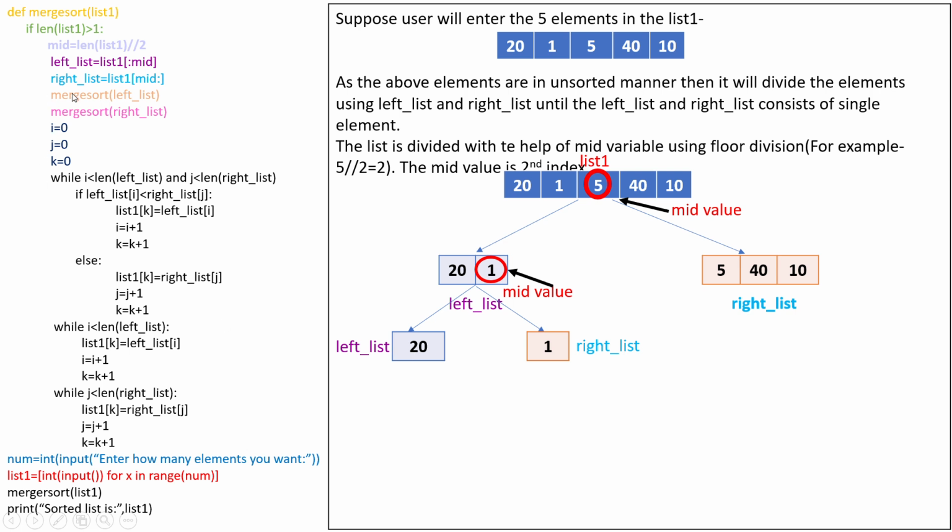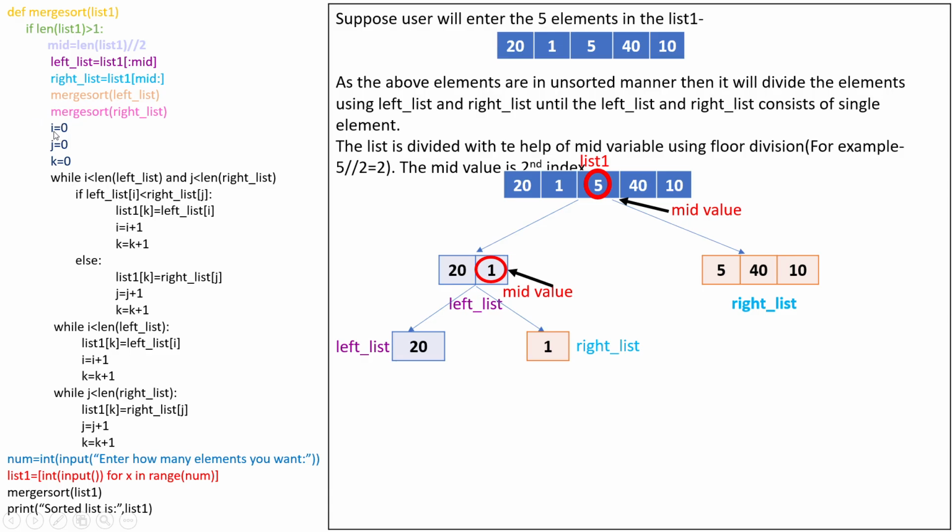This will not be executed now. It will come to the next line, merge sort right list. Now, merge sort right list will call this function. In list 1, it will be replaced by the right list. Next, if length of right list greater than 1, is 1 greater than 1? False. This line will also stop.